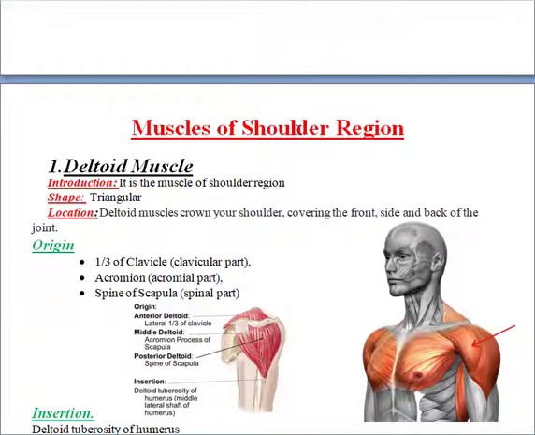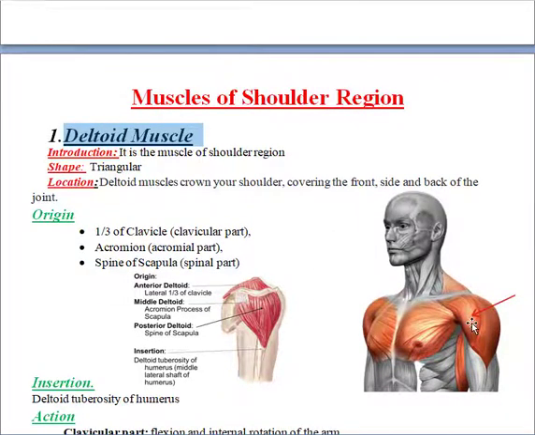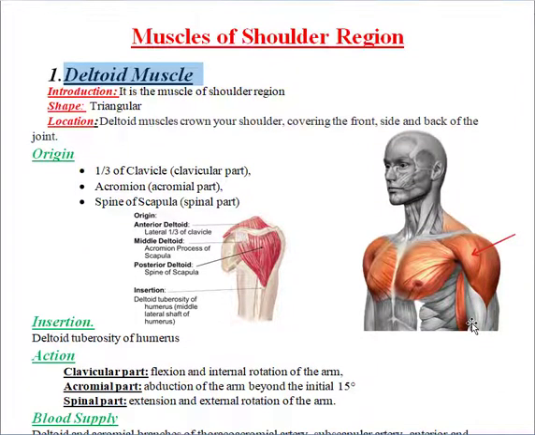So in our shoulder region, the first muscle that we have is the deltoid muscle. You can see in the image also here the deltoid muscle, right? What is the deltoid muscle? It is the muscle of the shoulder region. It is triangular in shape, right? You can see here one angle, second angle and third angle. So triangular in shape.